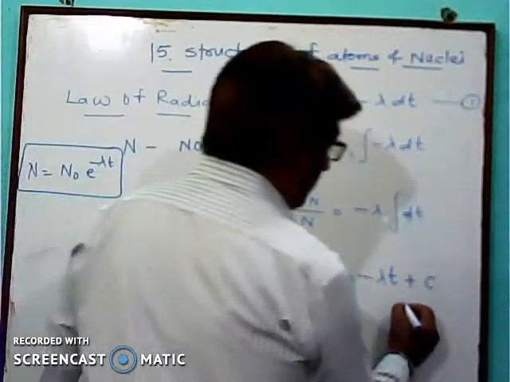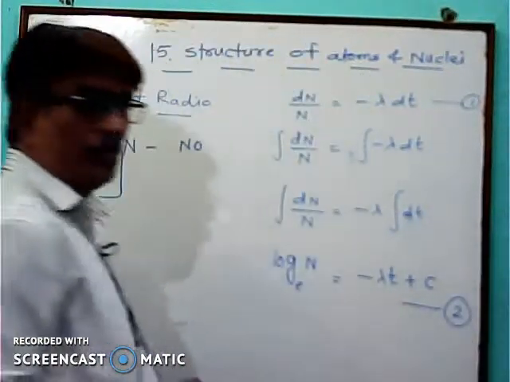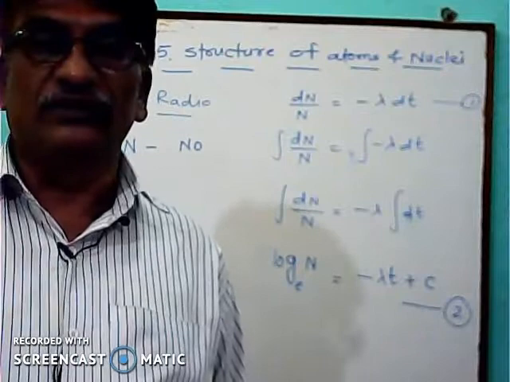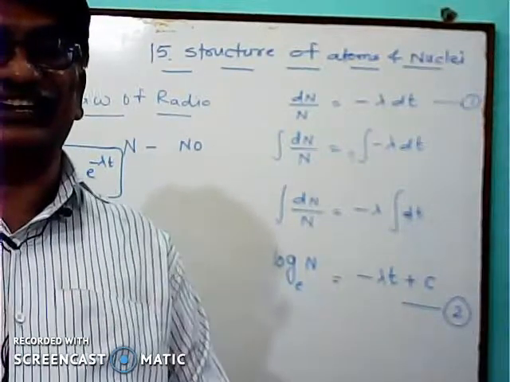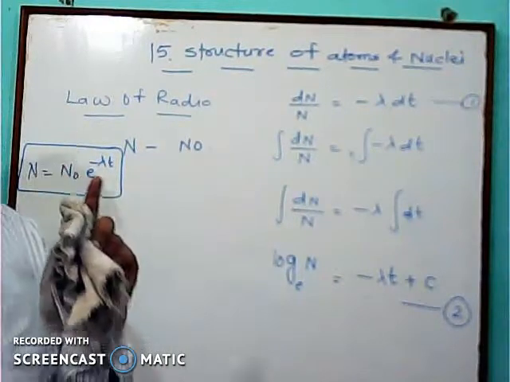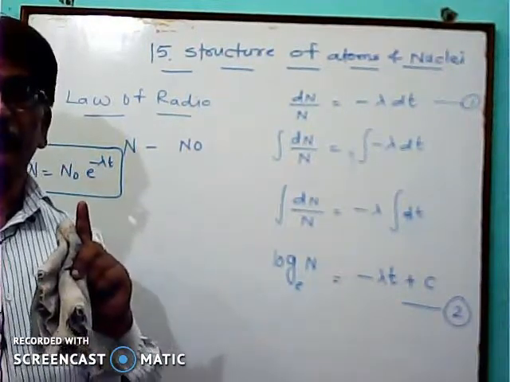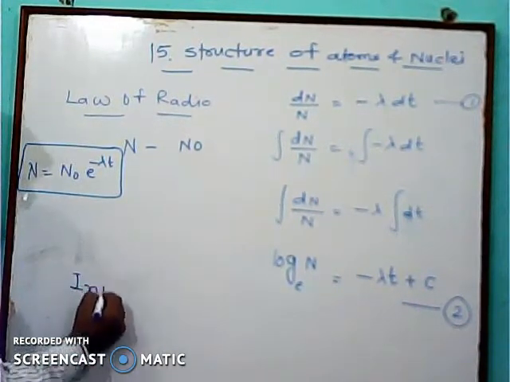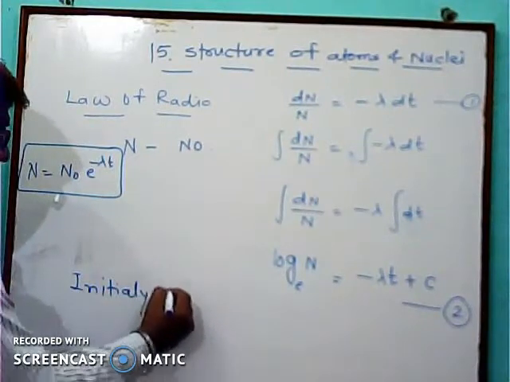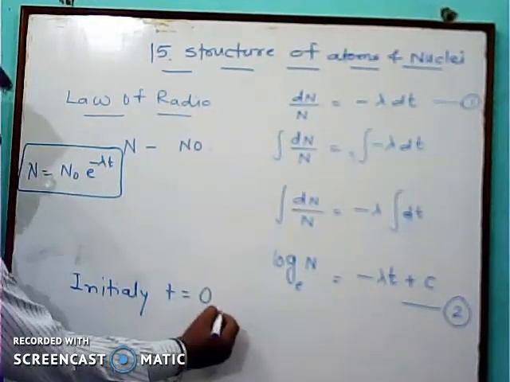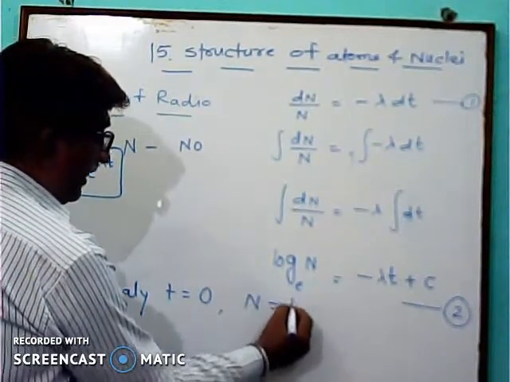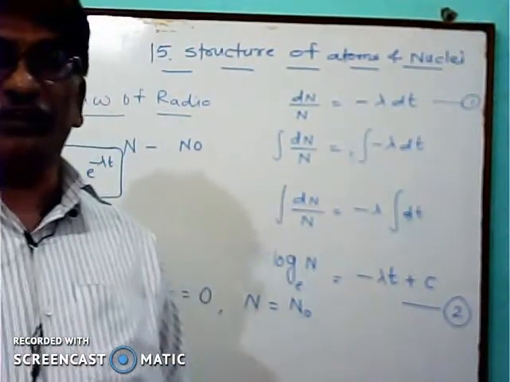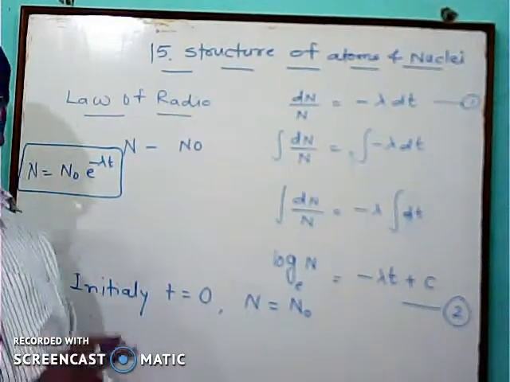Suppose this is equation 2. Using equation 2 we can find the value of the integration constant c. See here, initially, if t is equal to 0, then N is equal to N0. So N0 is the number of atoms present at time 0 seconds.